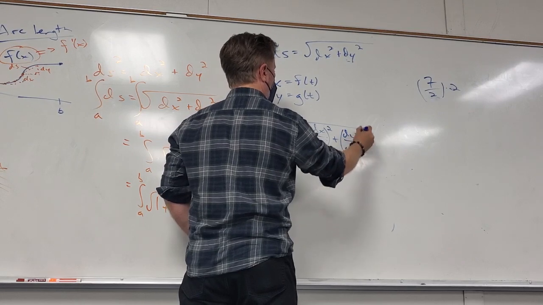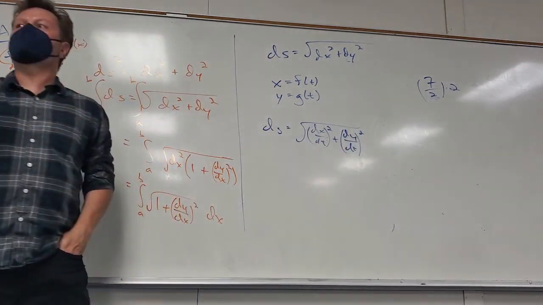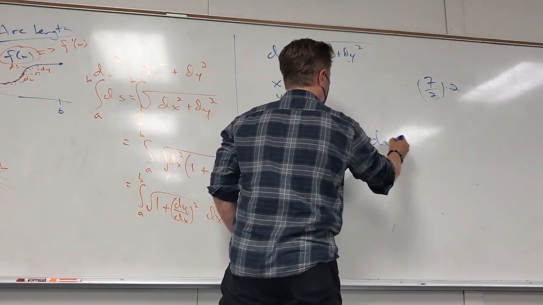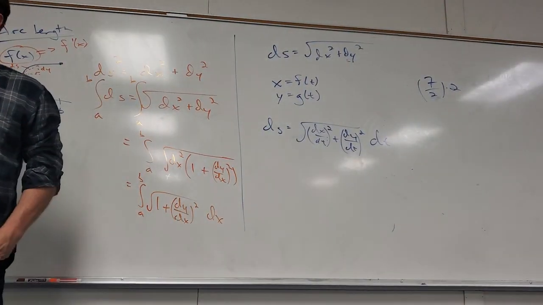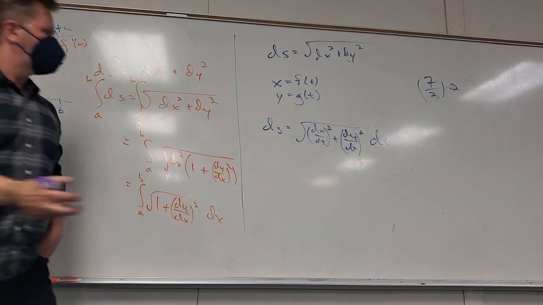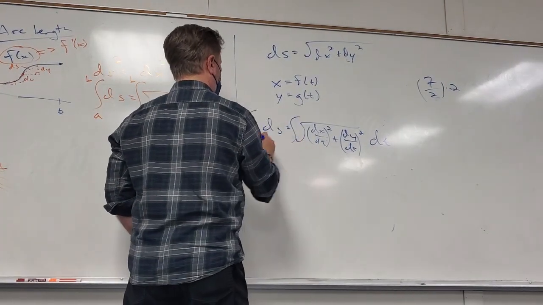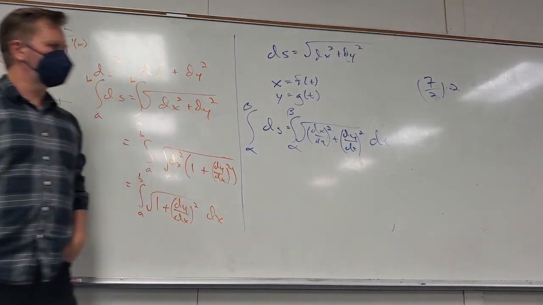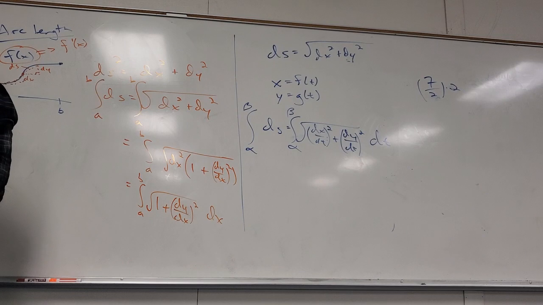So I divided the whole inside by dt squared, so I'm going to multiply by the square root of dt squared on the outside. There. And now we integrate from alpha to beta. We usually use alpha and beta for t. Funky. So let's do it.